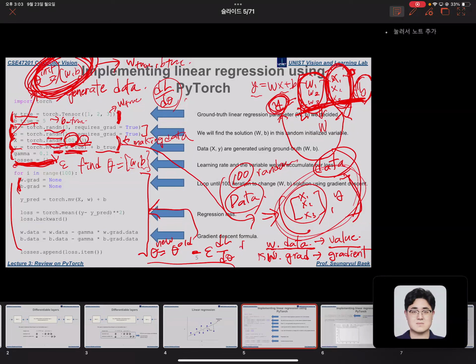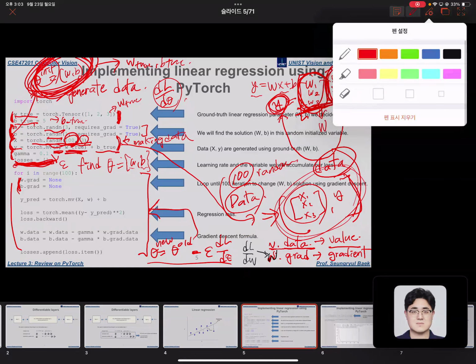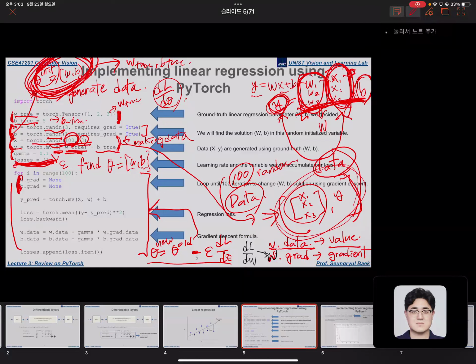So the gradient means this one, dL/dW. But at the initial stage, you have to initialize each gradient, w.grad and b.grad, to a known value.